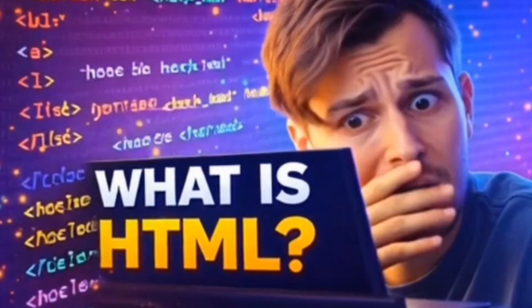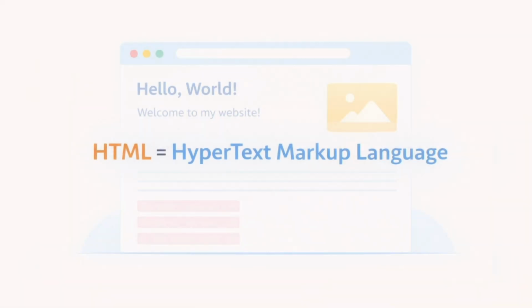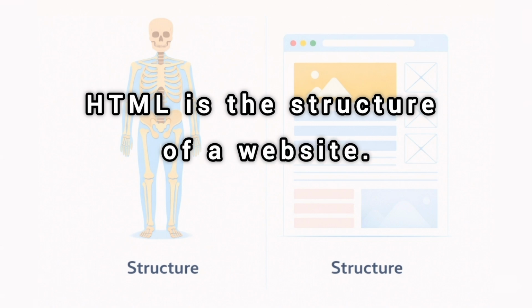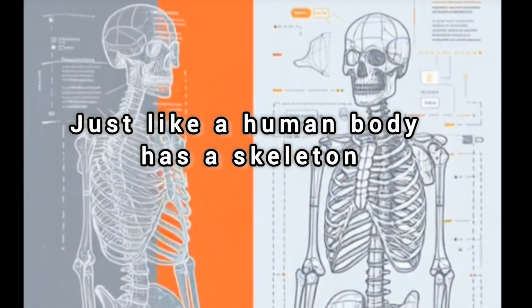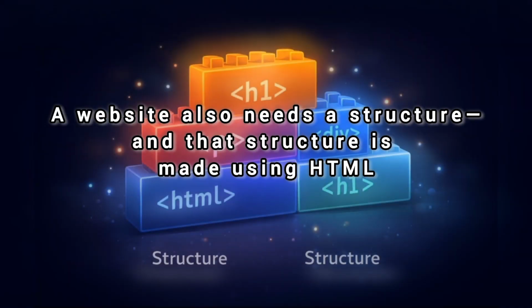So our first question is, what is HTML? HTML stands for HyperText Markup Language. But don't be scared by the name. In simple words, HTML is the structure of a website. Just like a human body has a skeleton, a website also needs a structure, and that structure is made using HTML.